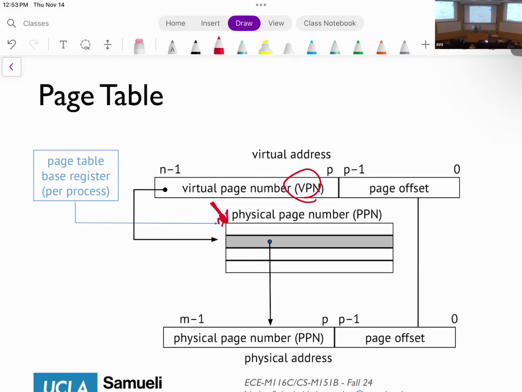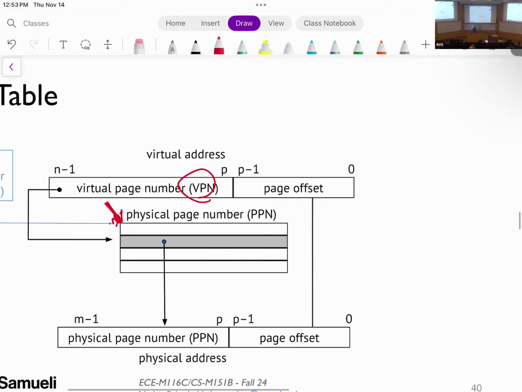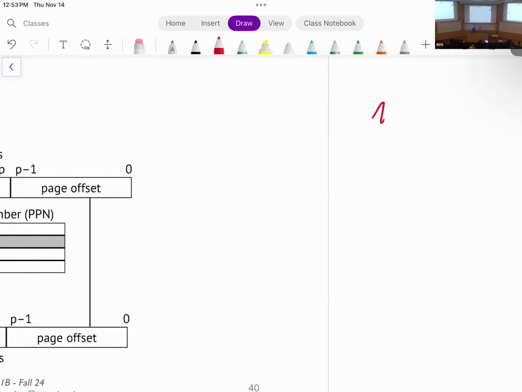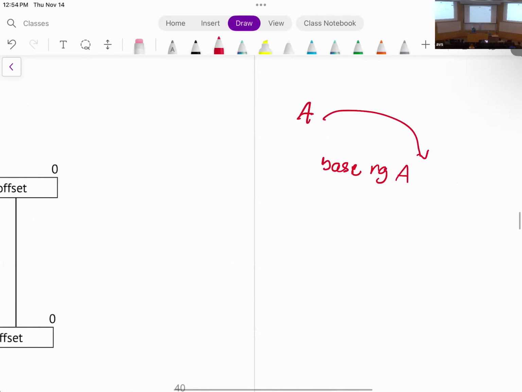Okay? So for example, if I have 8 different processes, I'm going to have 8 different registers. Each register stores a pointer. And then whenever I have an address from one process, for example from process A, I'm going to take the base register A and then add the VPN to that.